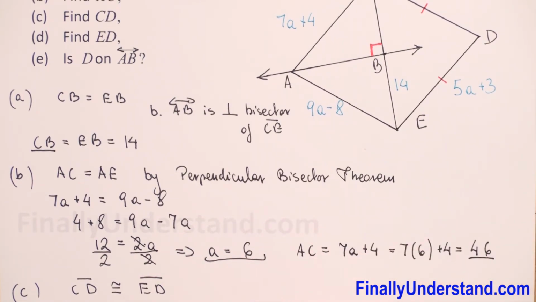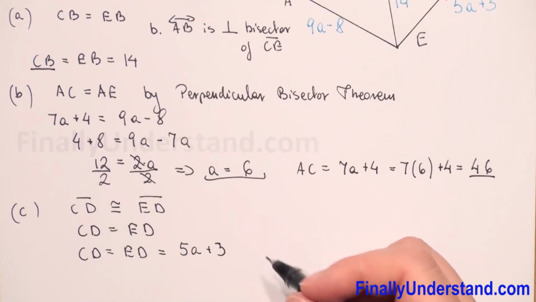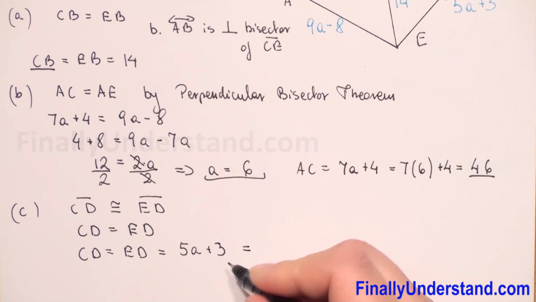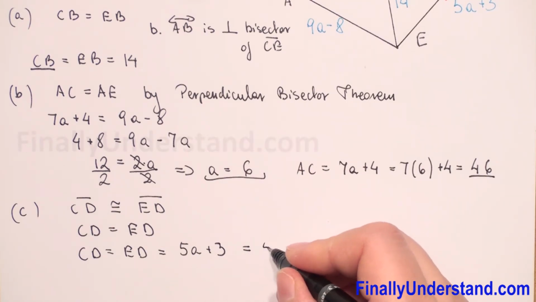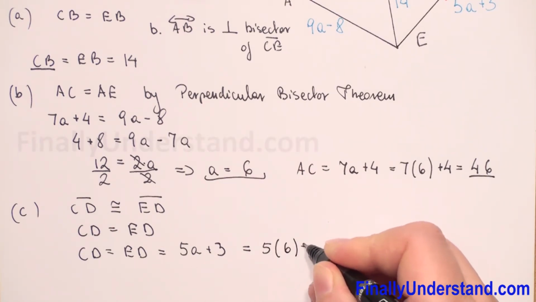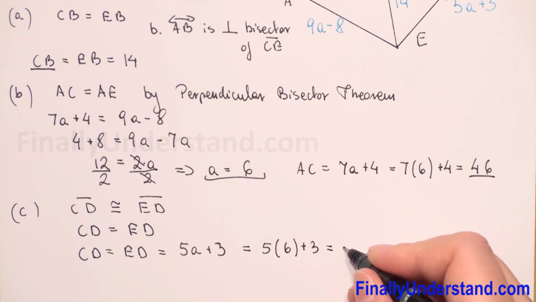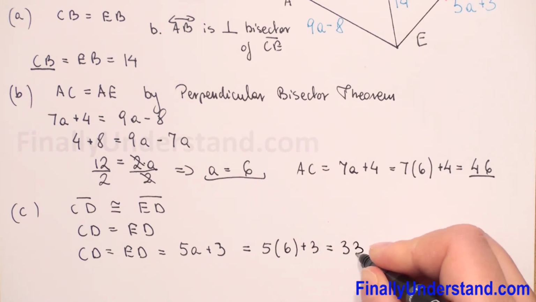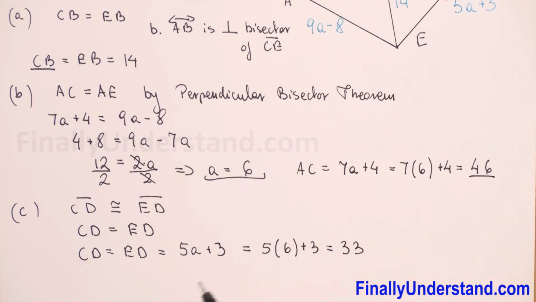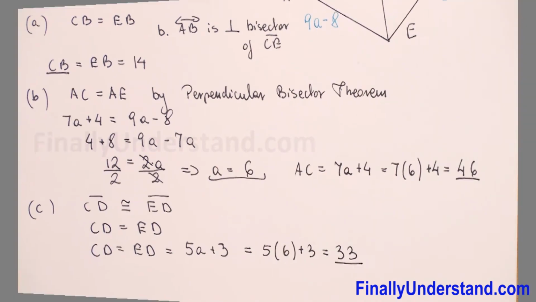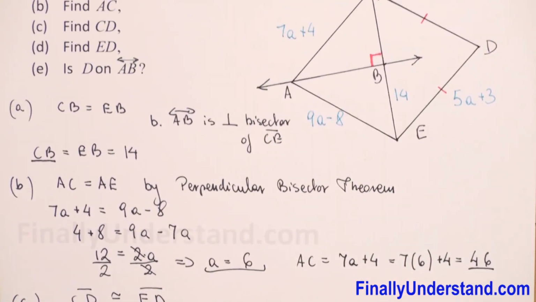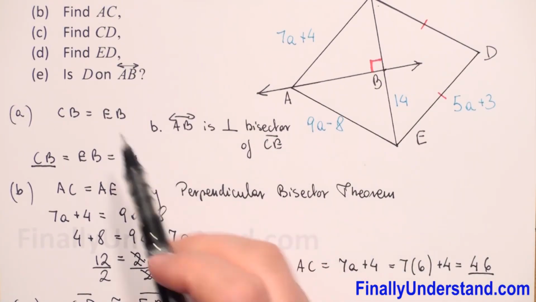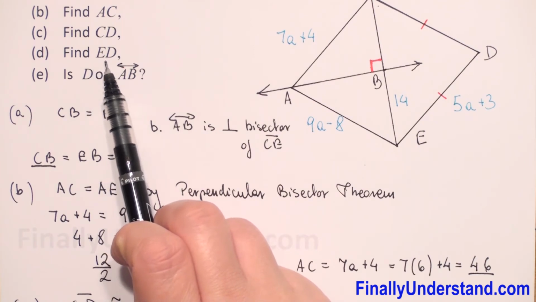We already found that a is equal 6. So we will substitute a by 6. So we have 5 times 6 plus 3. So this is equal, 5 times 6 is 30 plus 3, so it's 33. So we have the length of CD is 33. Next, we have to find ED.